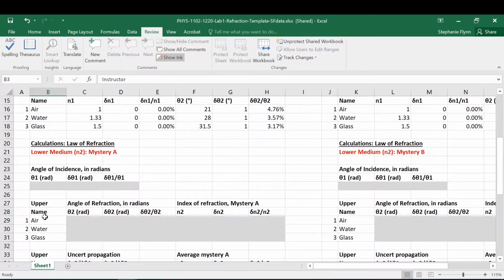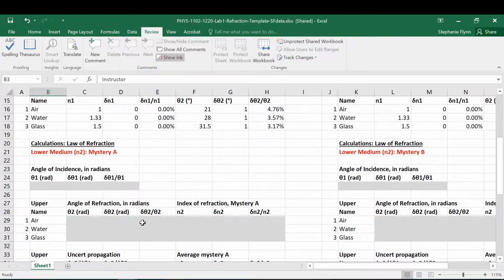Number 1, Excel can only use trigonometric functions when the angle is in radians. So if you try to take the sine of an angle in degrees, you'll just get a nonsense result. And although it is possible to nest the functions together, I like to put the radian calculation separately as a reminder that that needs to be done.